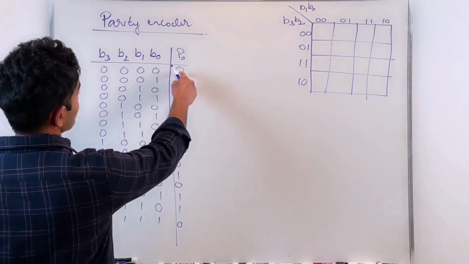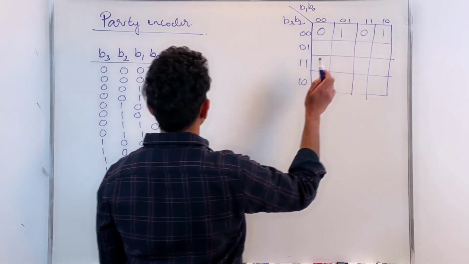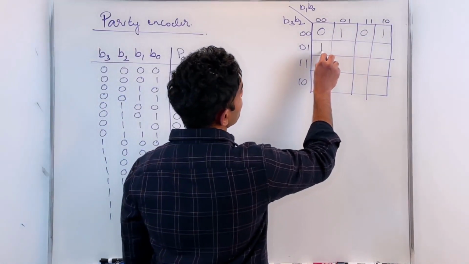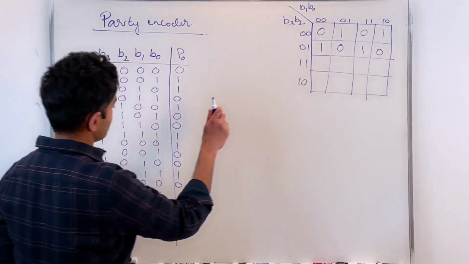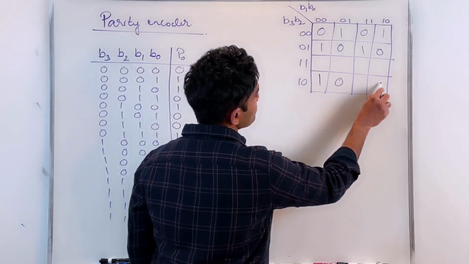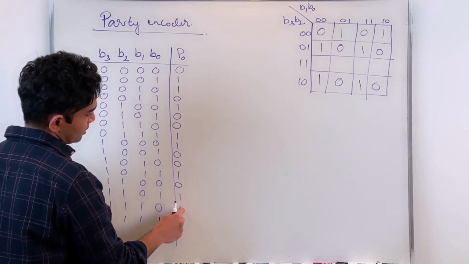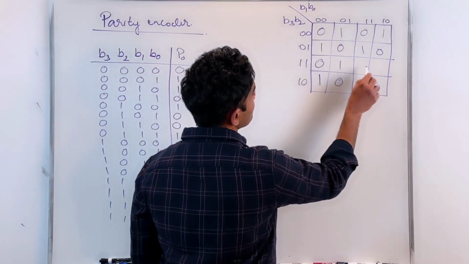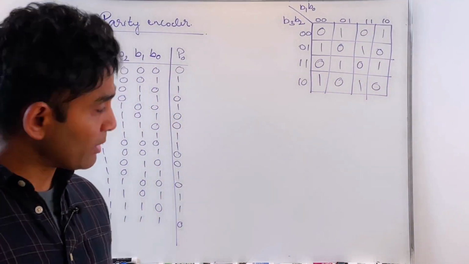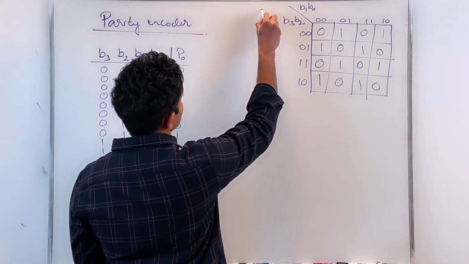The rows are 0110, 0110, 1001, 1001, 0110. Okay, so this is the K-map I would obtain for this odd parity generator, P0.